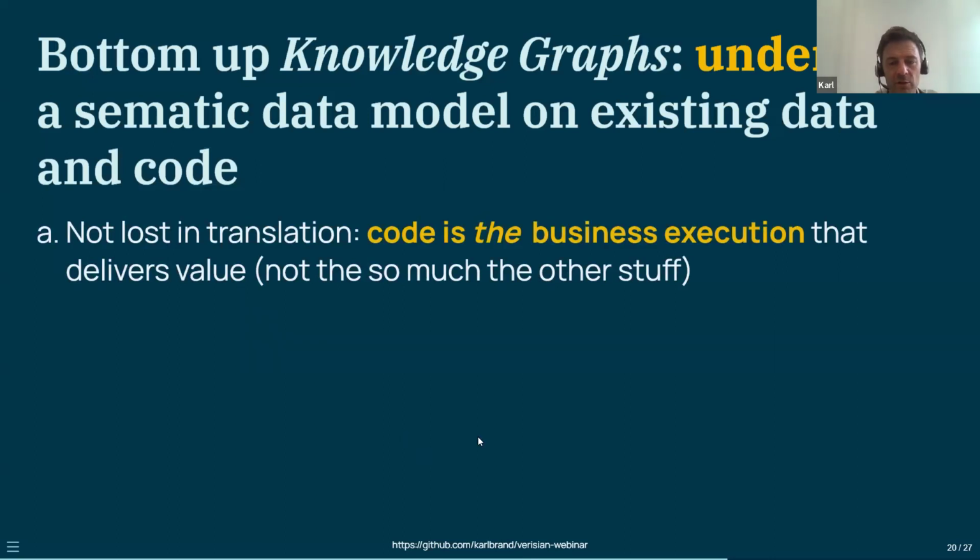So I think one really important aspect here is that by building knowledge graphs based on the SAS code, there's no loss of information that can occur, because the SAS code is the business execution that has taken place or will take place in a study in delivering the tables, listings, and figures.